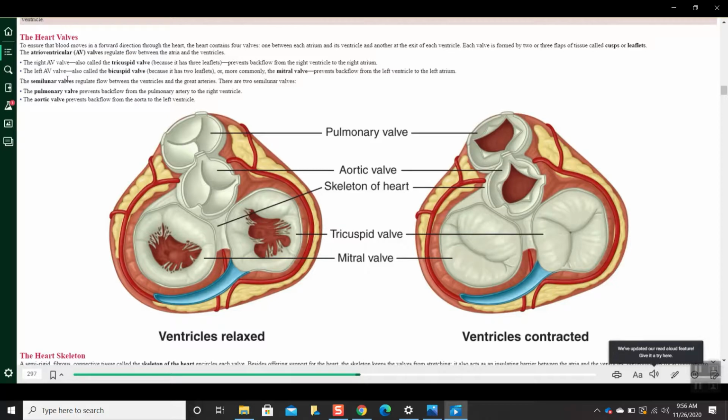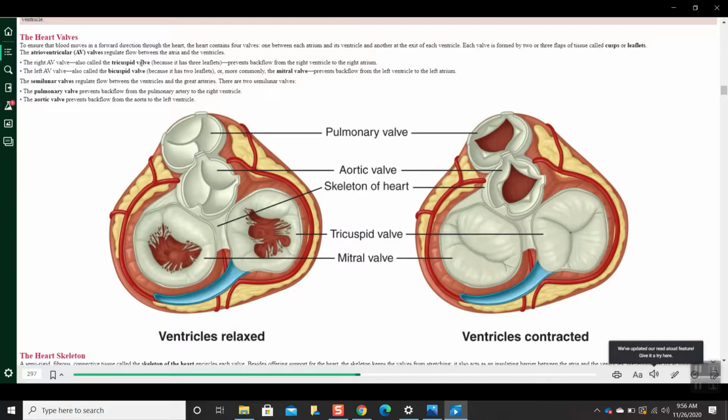The left AV valve goes from the left atrium to the left ventricle. So the left AV valve is called the bicuspid valve. Sometimes it's called the mitral valve. Remember I said in class, try it before you buy it.